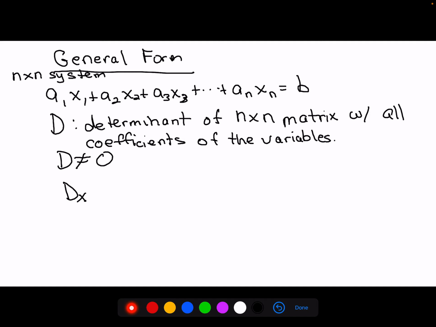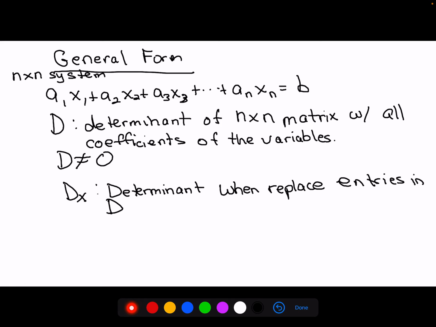D sub x1, or D sub x, is the determinant when you replace entries in D. Like column 1 of D: D sub x1 is D with column 1 replaced with the x sub 1 coefficients.